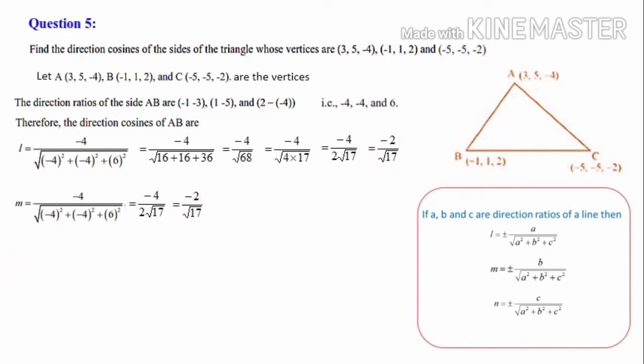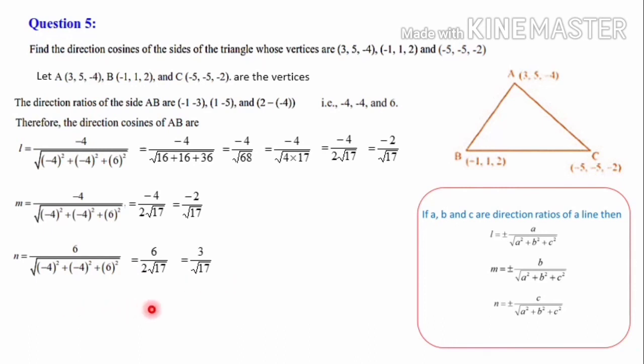Then n is equal to c by root of a square plus b square plus c square. c is here 6. So 6 divided by the same denominator, 2 root 17. 6 and 2 can be cancelled, so n is equal to 3 by root 17.